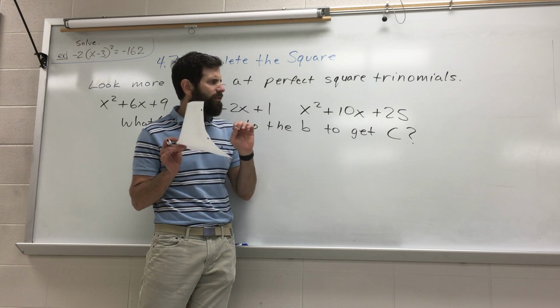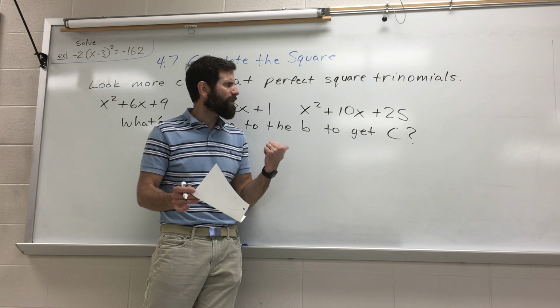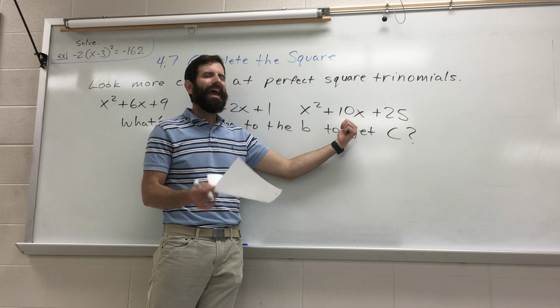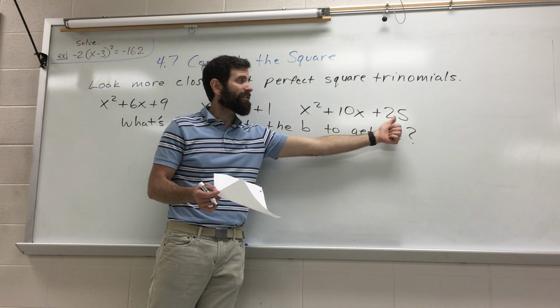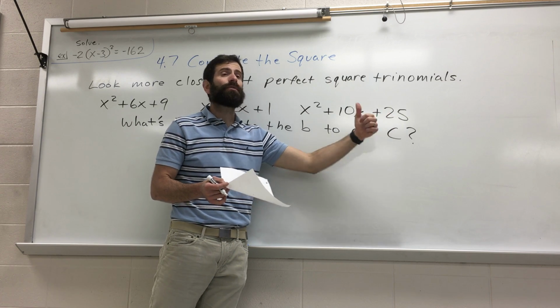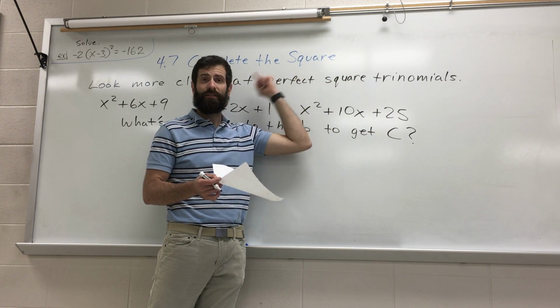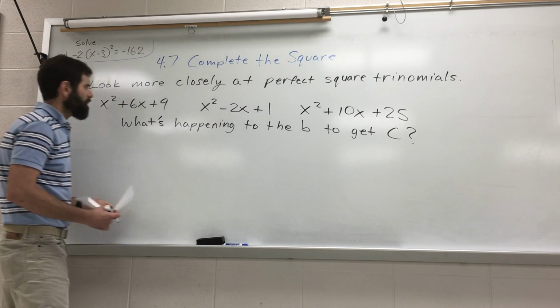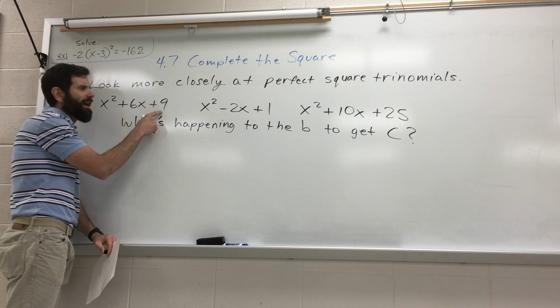But the key to this is we've got to figure out the relationship. We're going to be given b terms, and we're going to be asked to find out what the c term would be to complete the square, to make it a perfect square trinomial. So take a look. We've got a 6 here, we've got a 9.